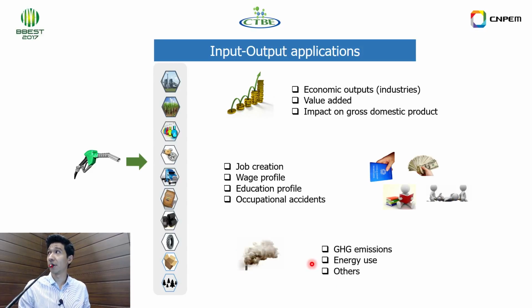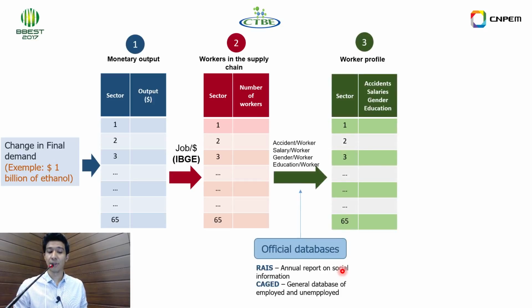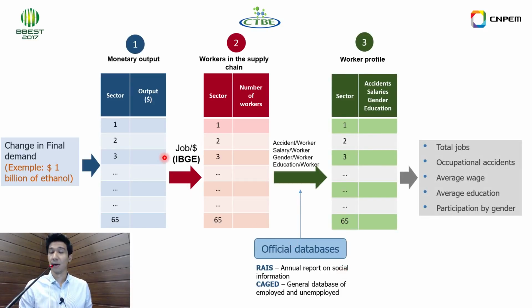And a third use of this input-output analysis is the environmental assessment itself. We can cross with the official database from the Ministry of Science and Technology, for example, and obtain the sectorial emissions or maybe the energy used by sector, and then make a ratio by which we can convert economic into environmental impacts.